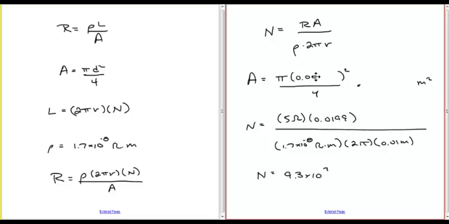Okay, so a millimeter is 0.001, so that's 0.0005. Yeah, that makes more sense, because normally when we do these areas, they're much smaller than what I was getting. I should have realized that.